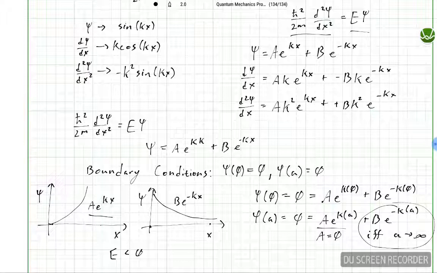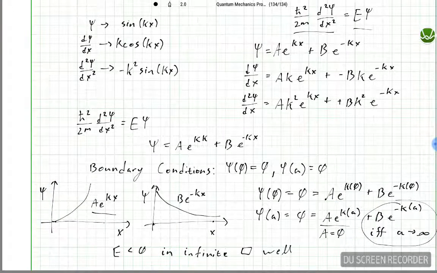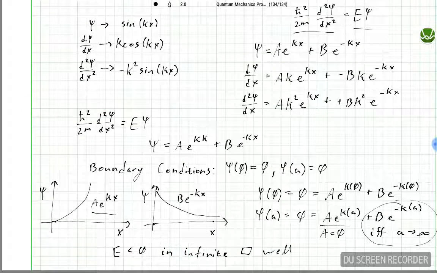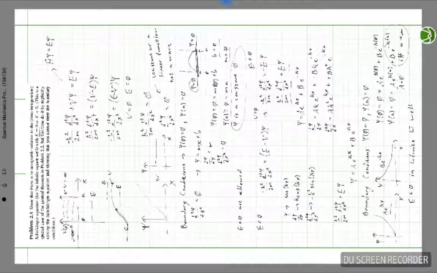It's valid, just not in an infinite square well. Infinite square well. And there we go. There's our full solution out there.